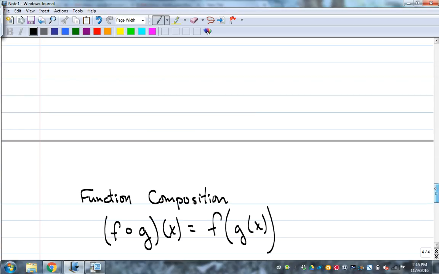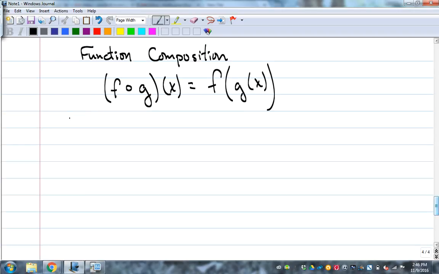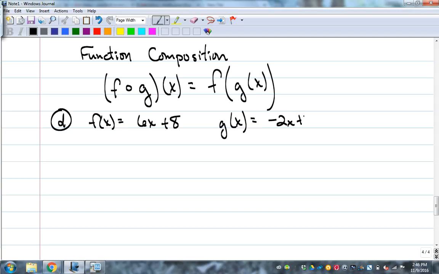I don't know what letter we're on. D. All right, so let's look at these. This function, f of x is equal to 6x plus 8, and g of x is equal to -2x plus 10.